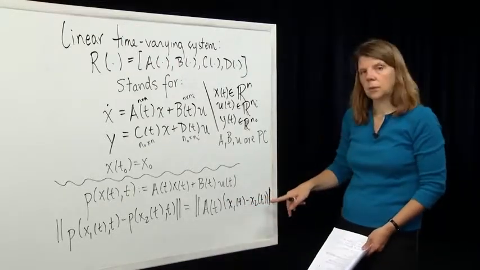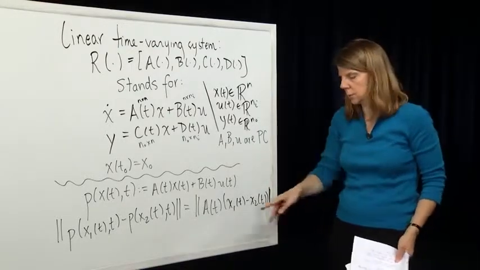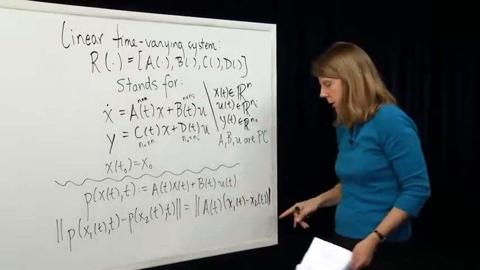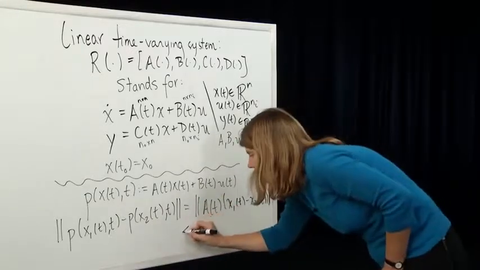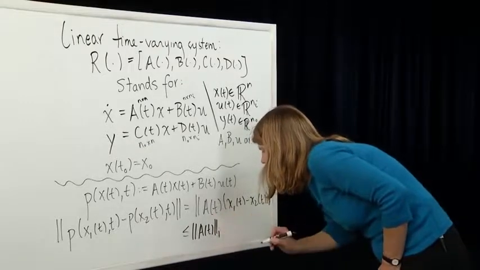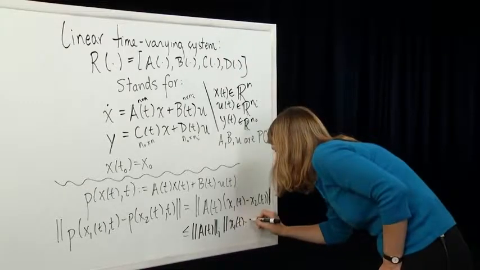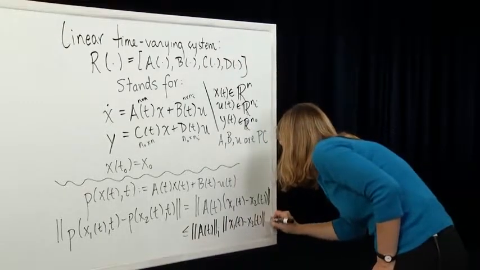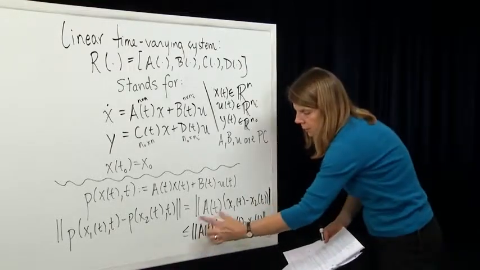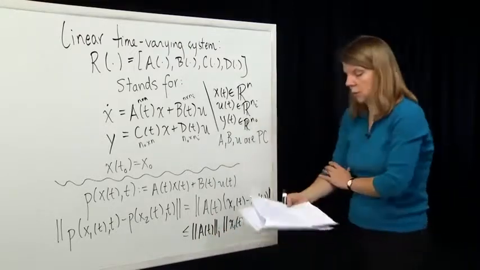Now I can look at that norm and break it down using my understanding of induced norms. The induced norm on a matrix A, induced from the vector norm on x and p, is less than or equal to the induced norm on A times the norm of x1 minus x2. So the piecewise continuous function that's a candidate Lipschitz function here is just the induced norm of A of t.